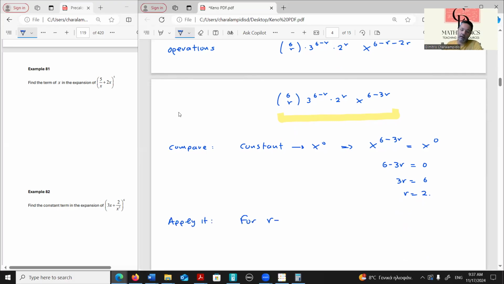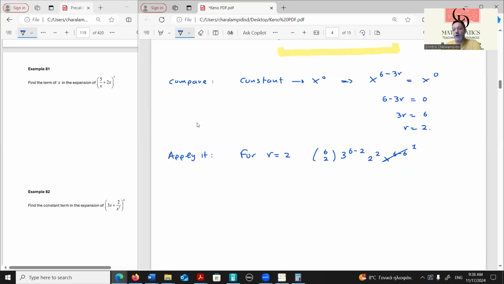For r equals 2, I get 6 choose 2, 3 to the power of 6 minus 2, 2 to the power of 2, x to the 6 minus 6, that's why that is 1. And all we have to do now is applications.